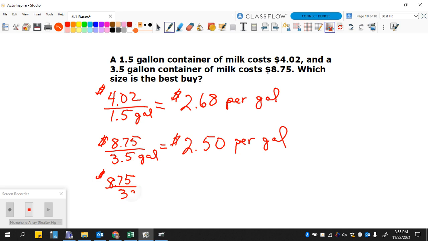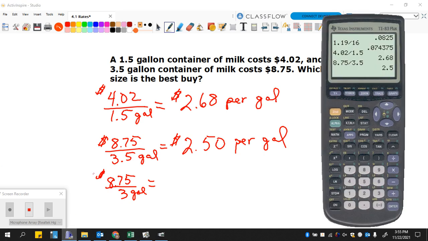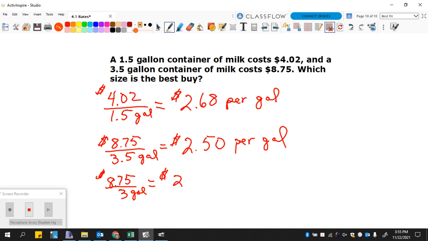So $8.75 divided by 3, and we find out it's $2.92 when we round off. $2.92 per gallon, which is actually more expensive than buying the 1.5 gallons.